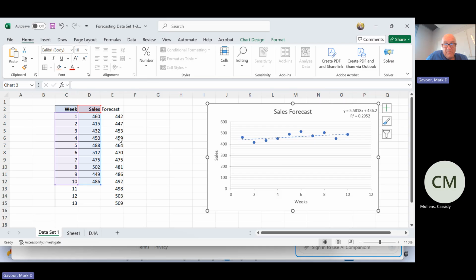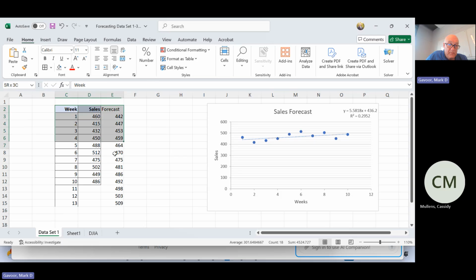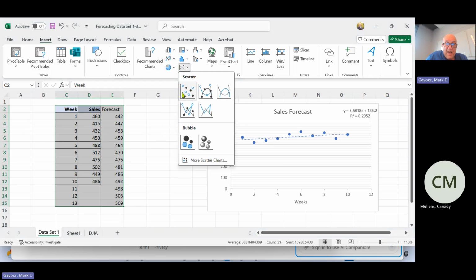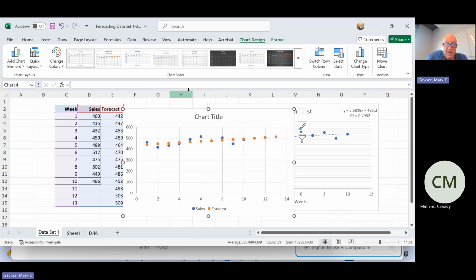Well, let's say I want to make a graph with all three of these things. How would I do it? I would highlight all three. And then I would say insert a scatter diagram like that and like this.